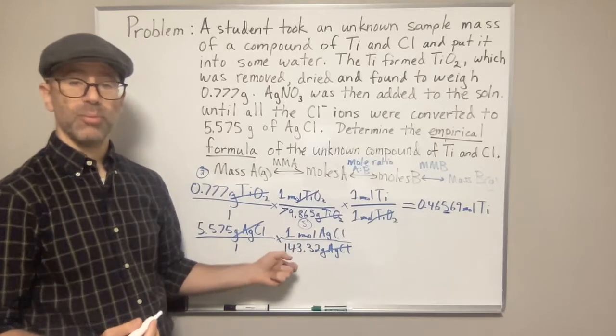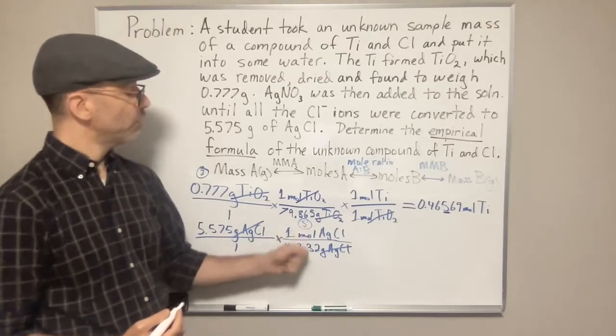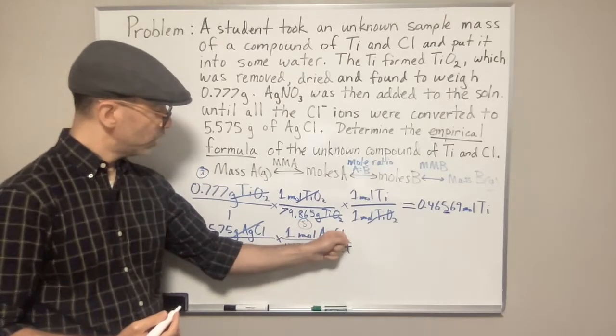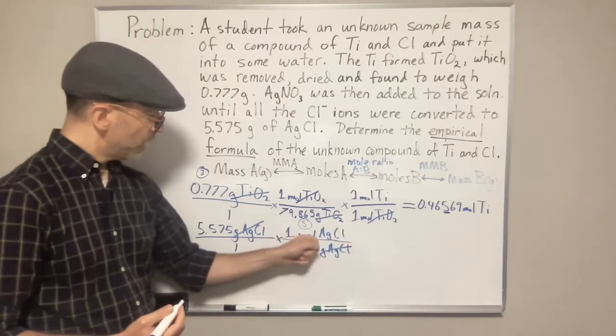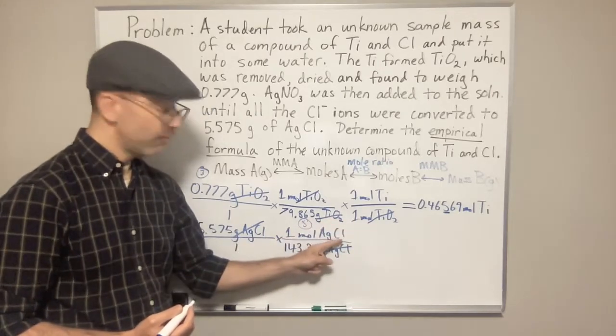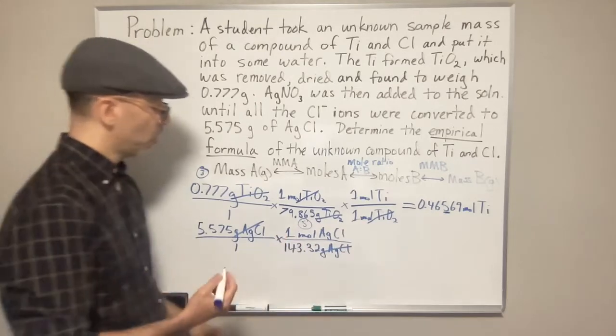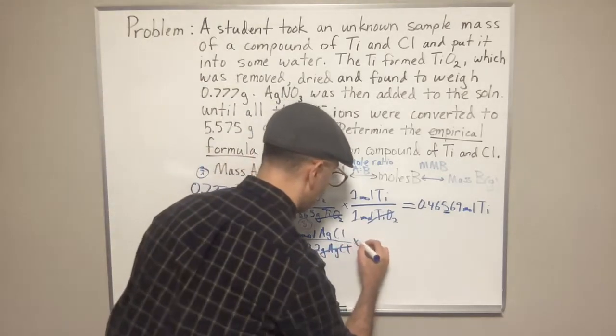So now I'm going to use the mole ratio again in my formula. That's going to help me convert to moles of the chloride ion. So again, you can see that for every one AgCl, you have one chloride ion. So that's a 1-to-1 ratio again. So we're going to use a mole ratio of 1-to-1.